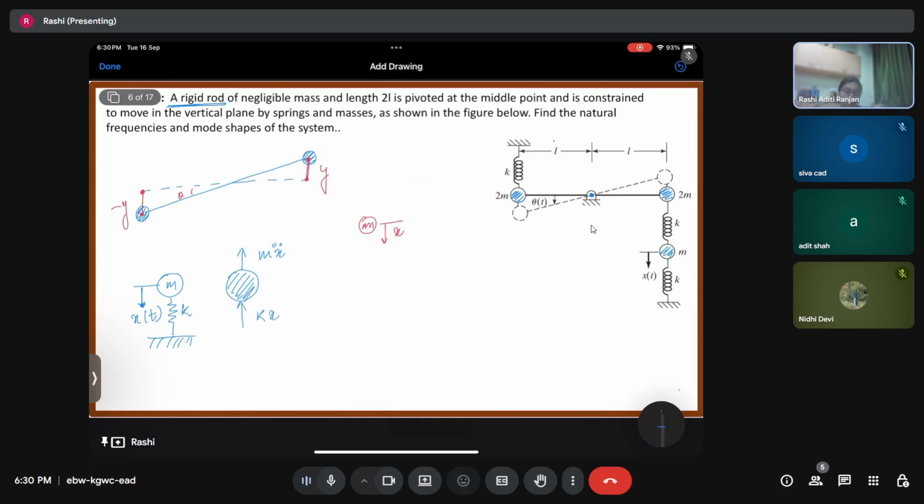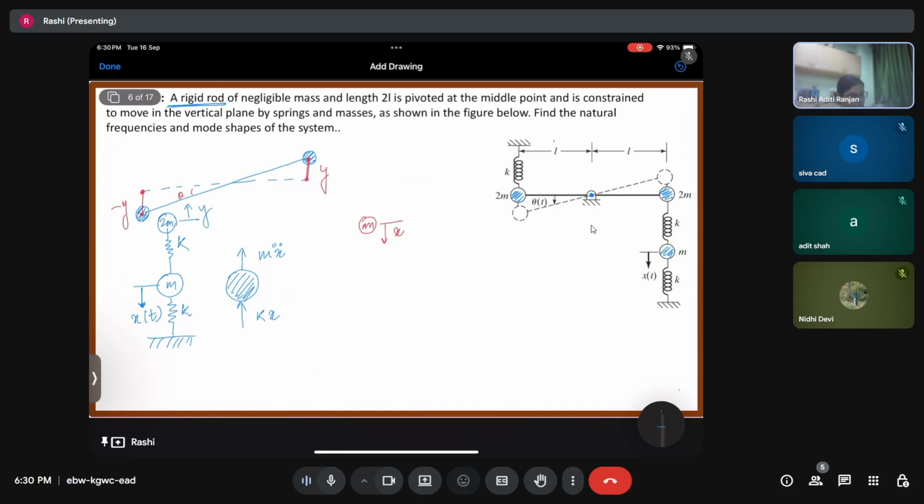Apart from that, there is another spring above this spring, which is connected to 2m. Now, this 2m is also getting displaced, something like this, which is y.